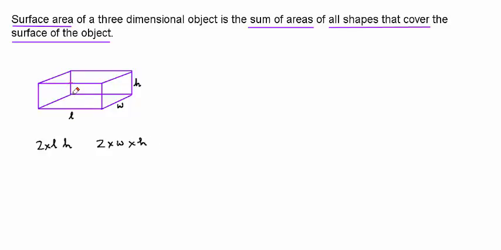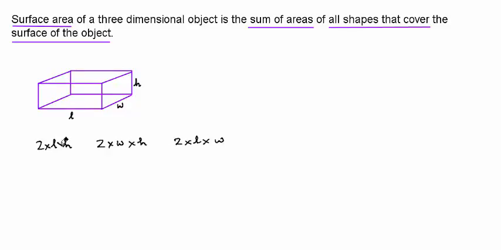And in the same way, there are two rectangles, one at the bottom and one at the top, that have got an area of L times W for each one. So we have 2 times L times W for both of them combined.